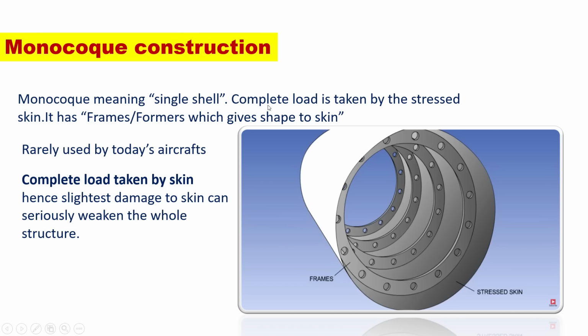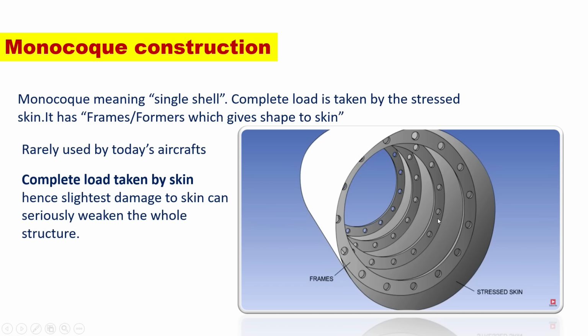In this type of construction, the complete load is taken by the stressed skin. Again, the skin that you're seeing here takes up the majority of the load, and we use frames and formers, which give shape to the skin. These structures you're seeing here are frames and formers.